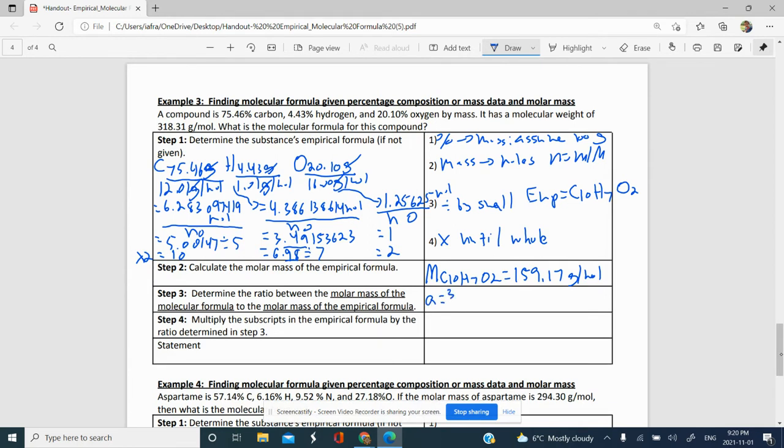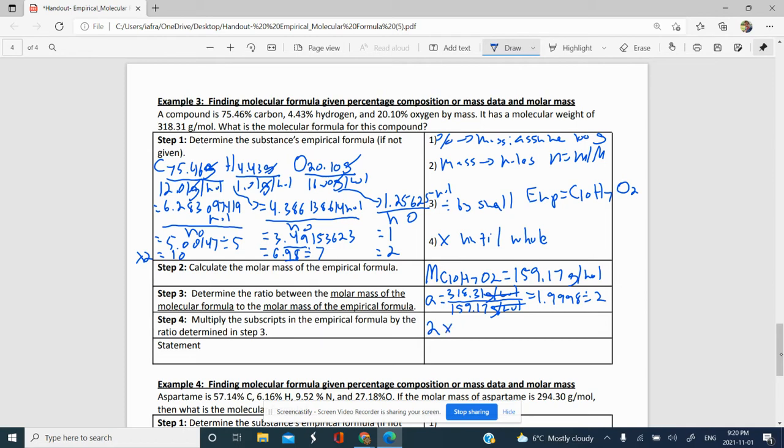So it's going to be 318.31 grams per mole divided by the 159.17 grams per mole. Cross those out, and I get 318.31 divided by that number there, 1.9998, which is approximately 2.